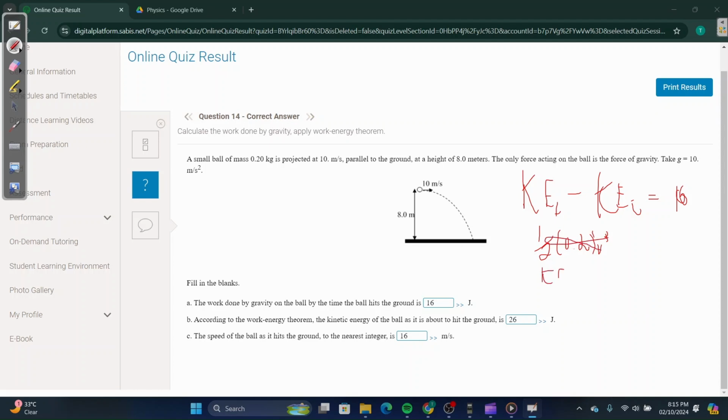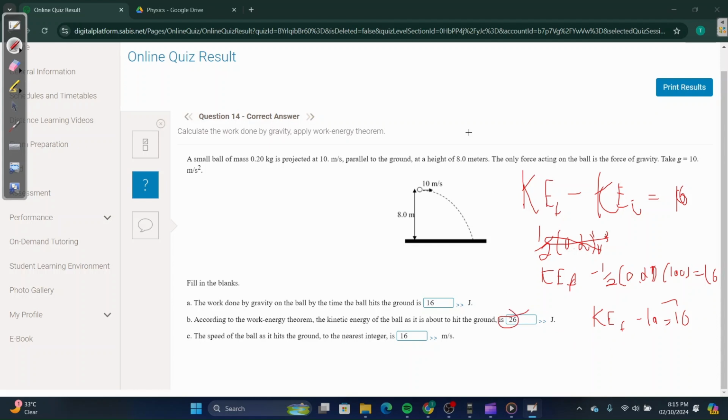So KEF minus half of 0.2 times 10 squared, which is 100, equals 16. Half of 0.2 is 0.1, and 0.1 times 100 is 10. So KEF minus 10 is equal to 16. Take 10 to the other side: KEF is equal to 26 joules, because 16 plus 10.